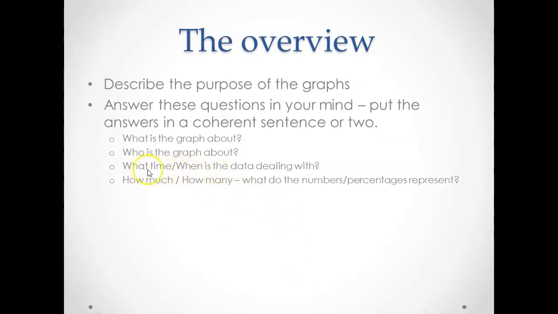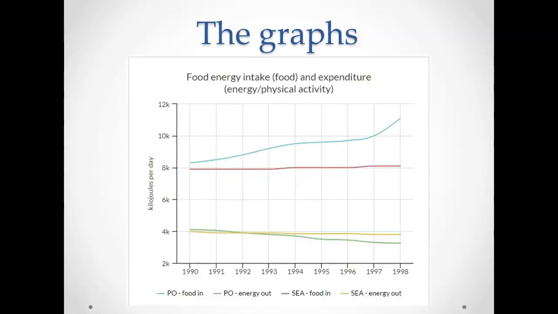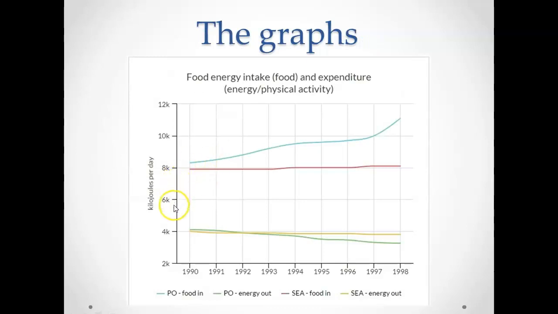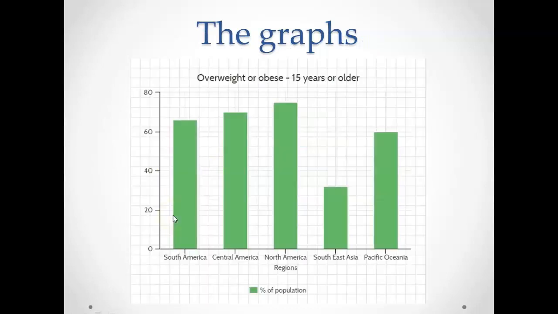Is there a time reference in the graph? When is the data from? Let's go back and look. Aha, over the 1990s. So it does tell you when. And the last question might help. How much, how many? Oh, sorry, here is the bar graph.